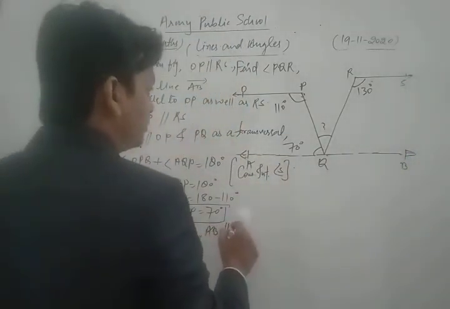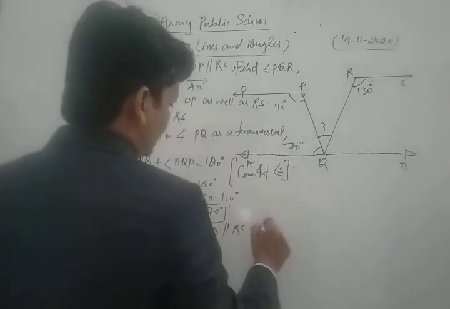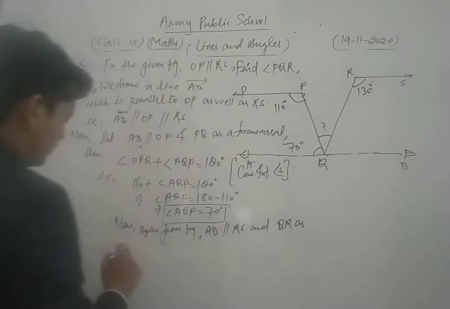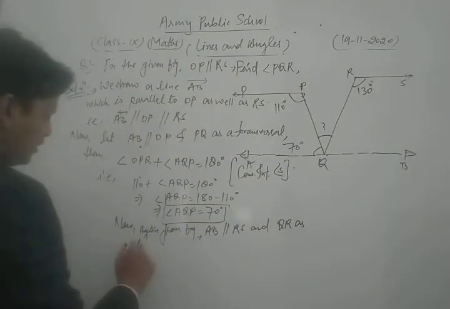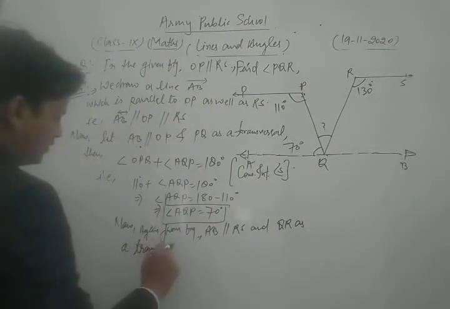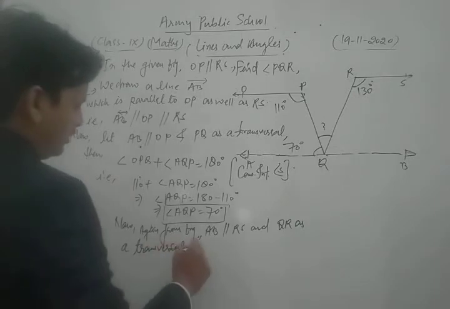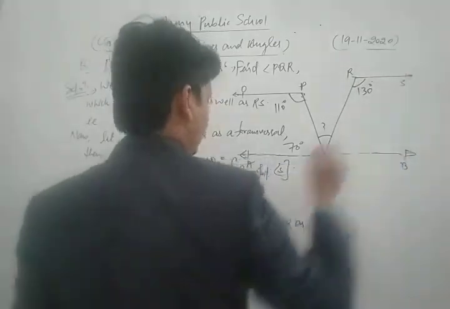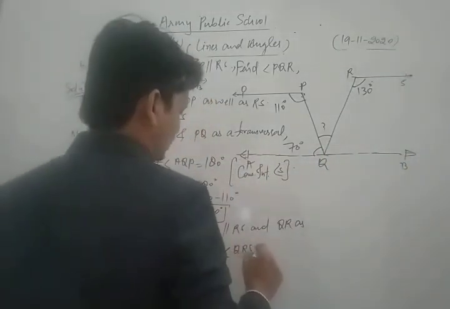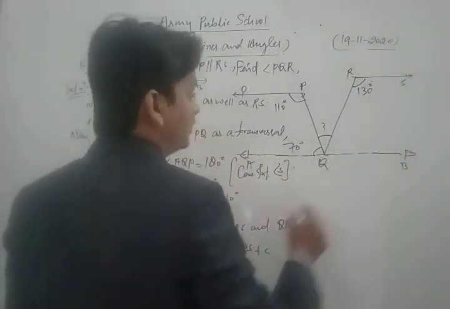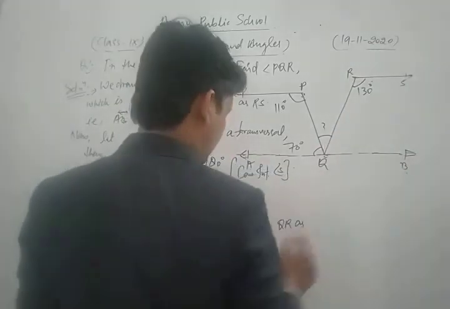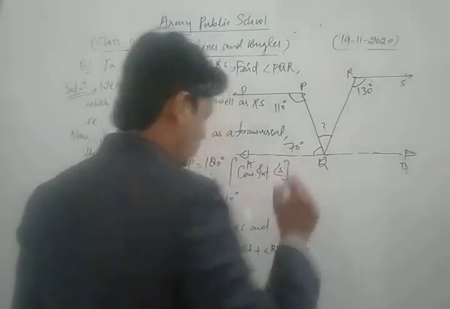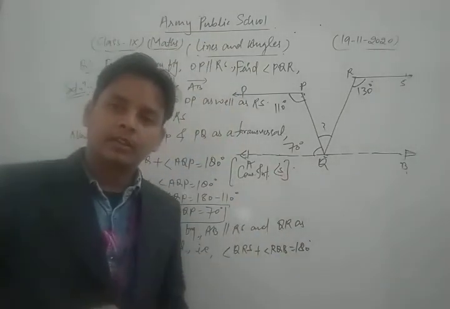AB is parallel to RS, and QR is a transversal, that is angle QRS plus angle RQB is equal to 180 degree. Why?